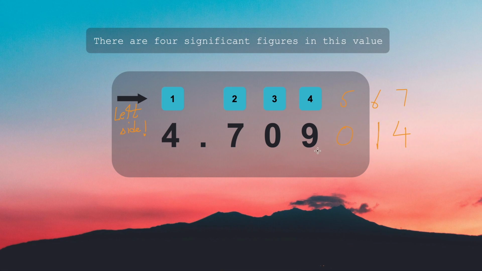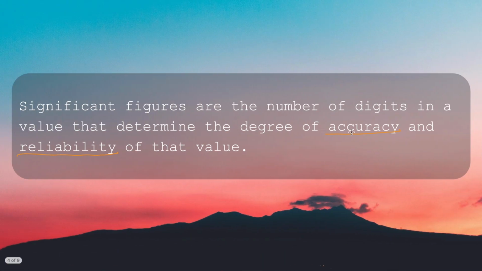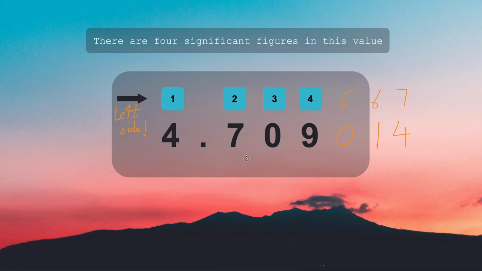So that's the whole reason for significant figures: the values are reliable, they don't fluctuate often, and they are accurate depending on the instrument. So how far you can go will heavily depend on the accuracy of that measurement.